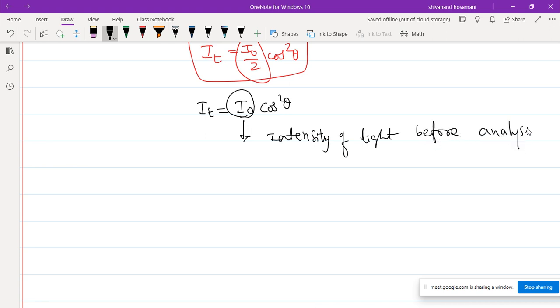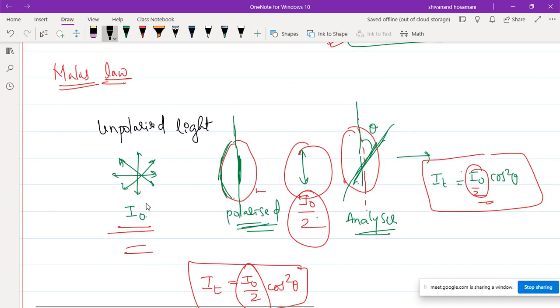This is the concept. Unpolarized light passing through a polarizer gives I naught by 2, and the output depends on cos square theta. Is that clear to all? That is nothing but Malus law.